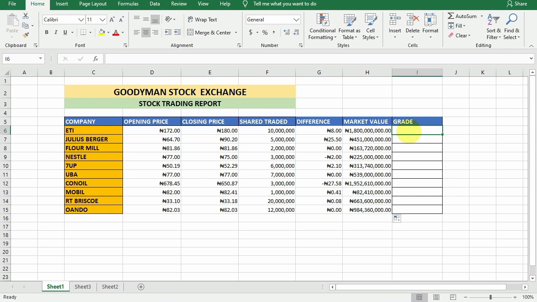Now our main focus is on the grade. I want us to grade these companies based on their productivity or their losses. Let's see who is losing and who is gaining. We're going to put the logical condition between the closing price and the opening price. So we say equal to, then we're going to have a result, whether they are gainers, no change, or losers.